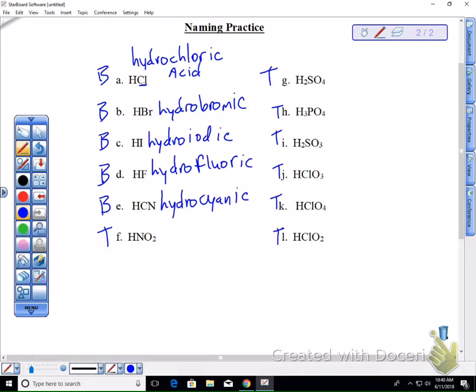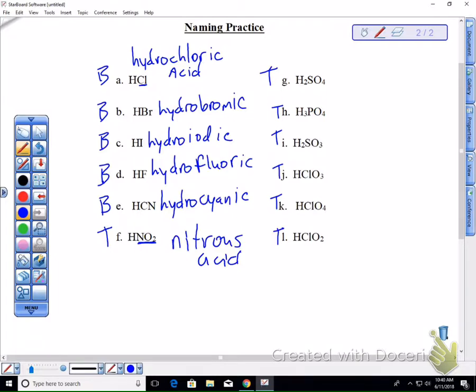All right, starting with F, we have a bunch of oxyacids. These do not have the prefix, so we just go right to identifying the polyatomic. This is nitrite, okay? So the root is nitr. Ite becomes ous, nitrous acid. We'll write the word acid on the first ternary acid here.